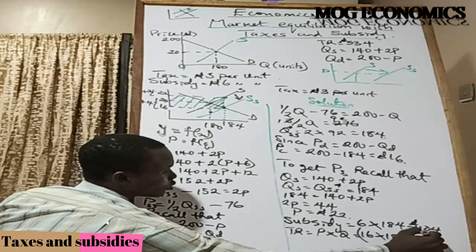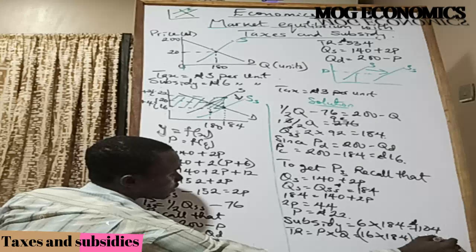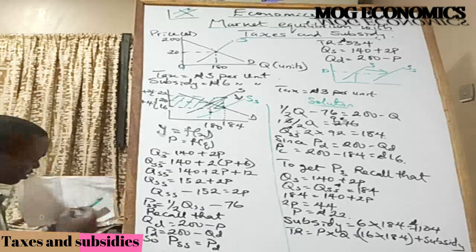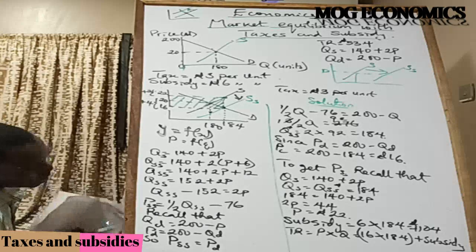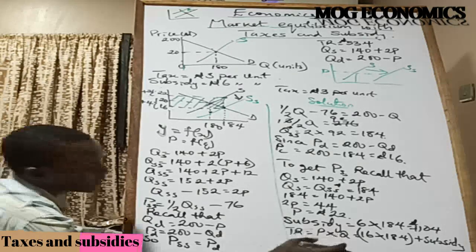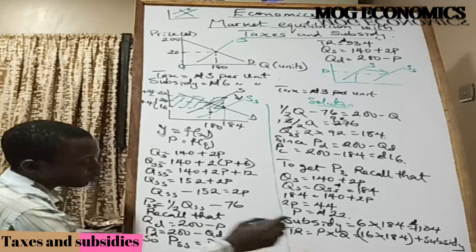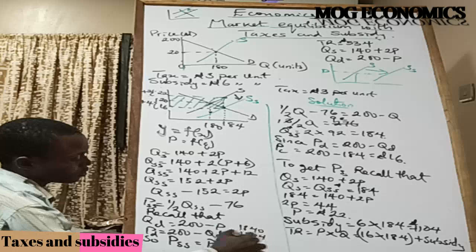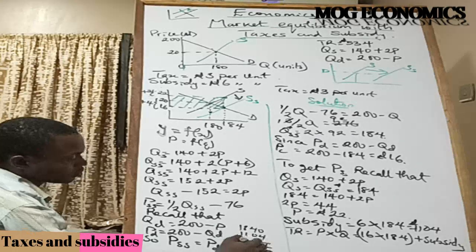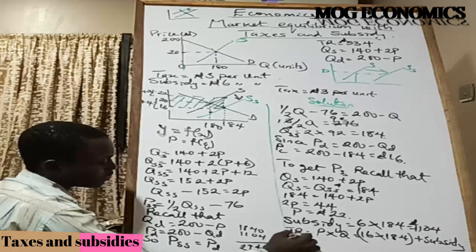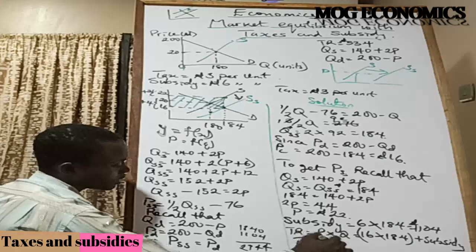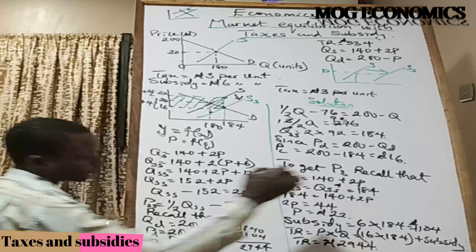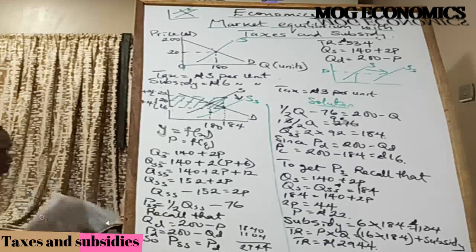Then the government is also paying a part of that price, the subsidy. So 16 multiplied by 184. I can't do that one. Okay, 1840, that's 10 times 184. 1840 plus 1104. So total revenue is equal to 2944 naira. So that's the total revenue.